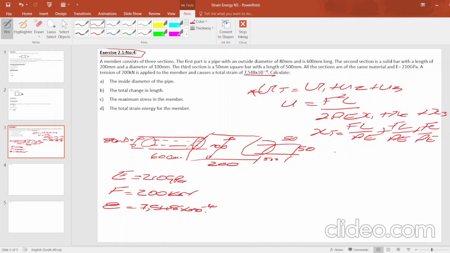Now, if we are given the Young modulus and they want us to calculate the strain, we know that we first have to calculate the stress, and the maximum stress is always calculated from the smallest area. Please make note. The stress is calculated from the smallest area. It will be force over area.